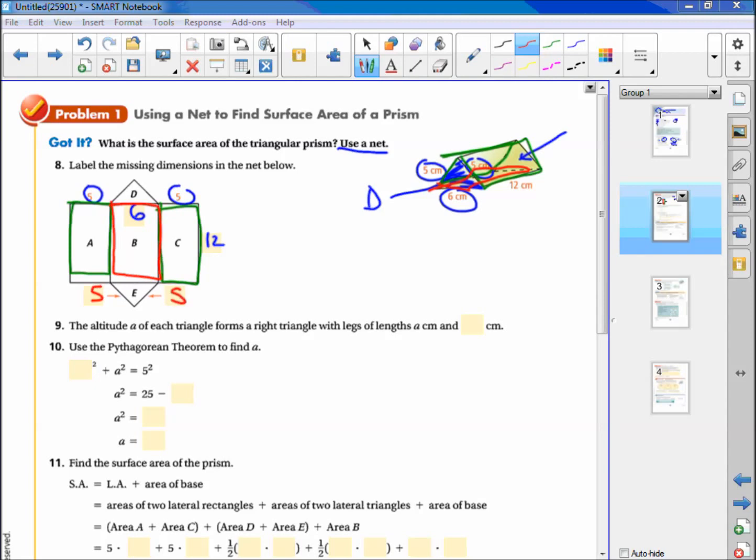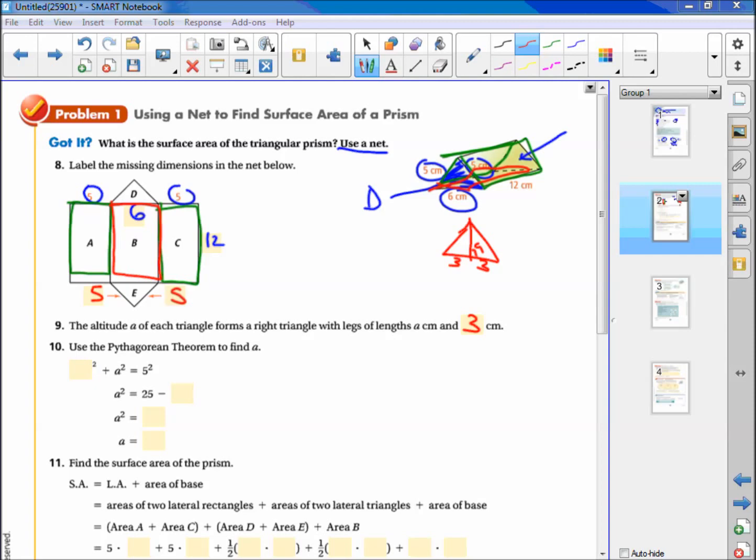All right, so the altitude A of each triangle forms a right triangle with legs A centimeters and 3 centimeters. The reason why is if you look at one of the parts there, we have A for how tall it is, and then 3 and 3, because that 6 gets broken in half. So when I make the altitude with the right angle there, I have an A by 3.